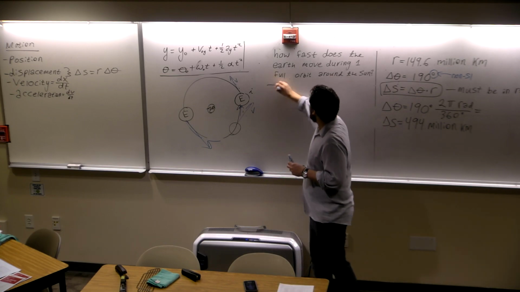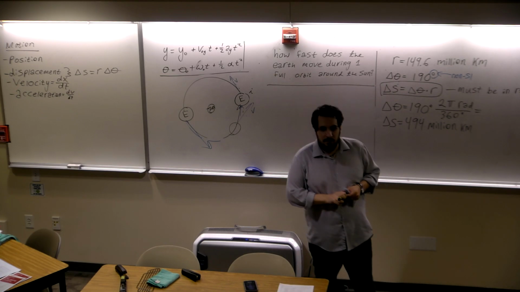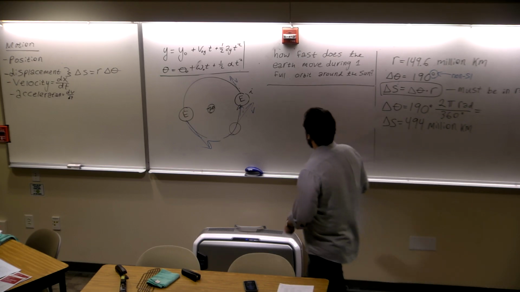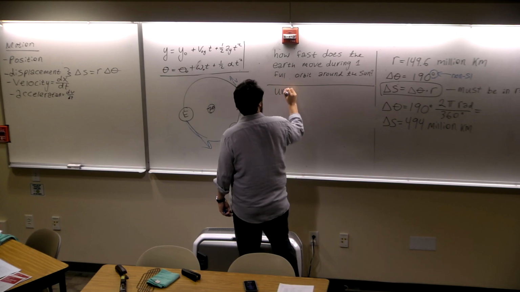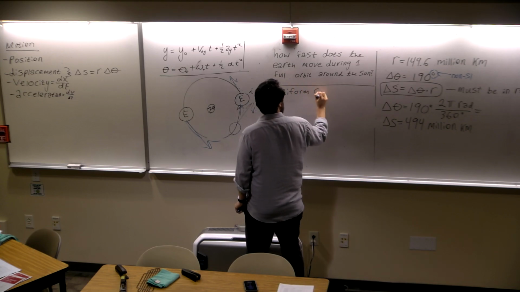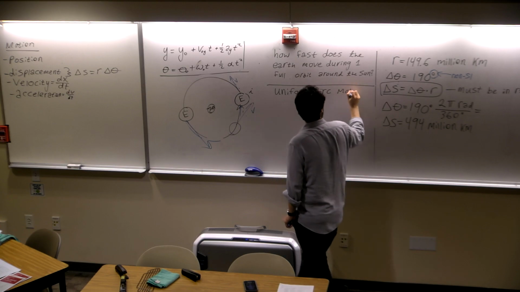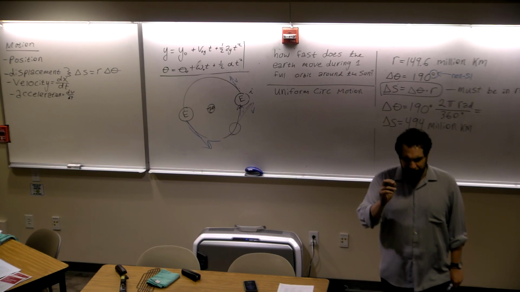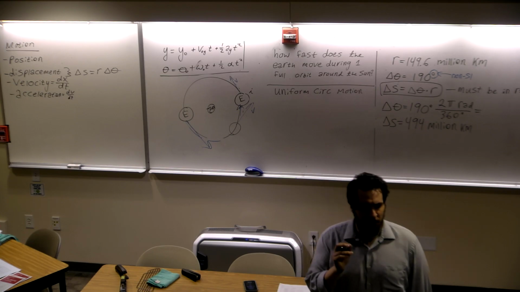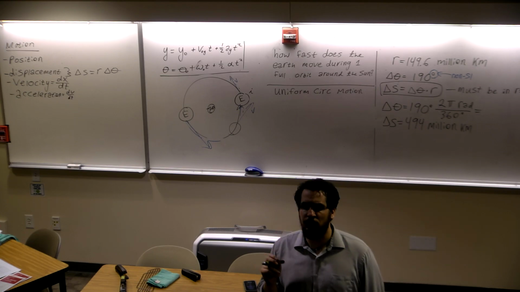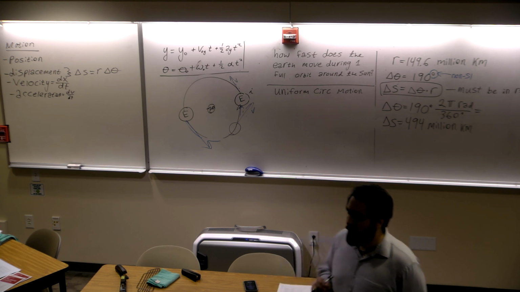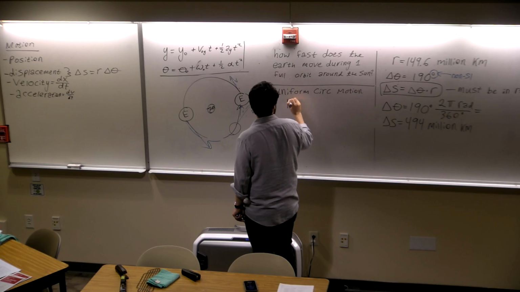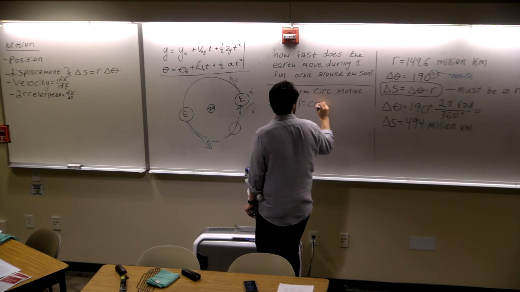However, there is a subdivision of circular motion that we often care about, and that is the case of uniform circular motion. For uniform circular motion, we accept the fact that the velocity is always changing by virtue of the direction changing. But with uniform circular motion, the magnitude of that velocity is a constant.